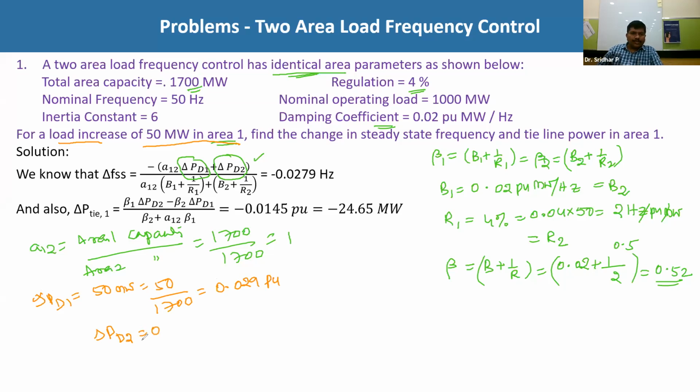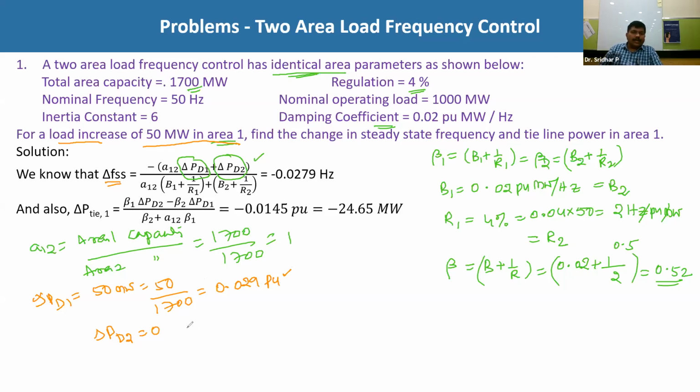So you substitute all the values in this delta FSS expression. Minus of A12, which is 1, into delta PD1. If I am wrong, you can please correct me. So this is minus of 0.029 plus delta PD2, which will be 0.